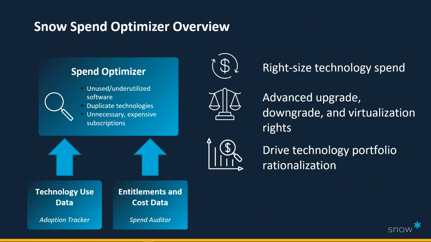Now, obviously, Spend Optimizer can help with migration recommendations as well, such as usage and metering data in the cloud, in data centers, things like 365. Snow provides some reporting around highlighting subscriptions within 365, subscriptions that might be migrated to cheaper subscriptions based on the usage patterns of that individual.